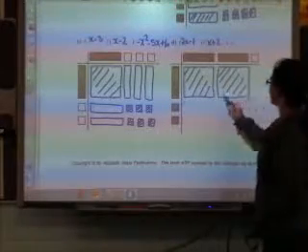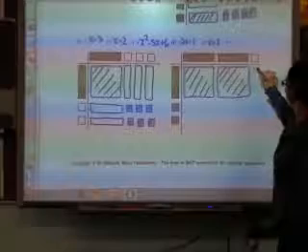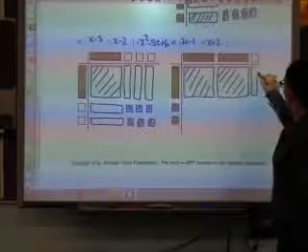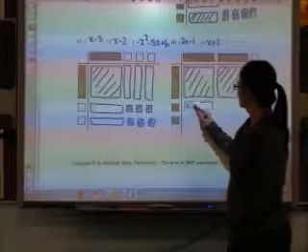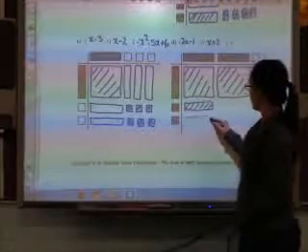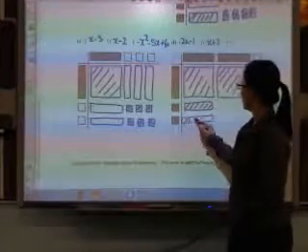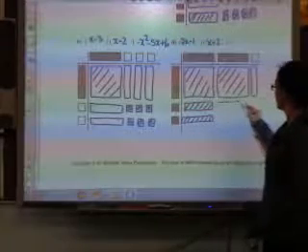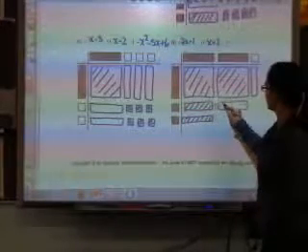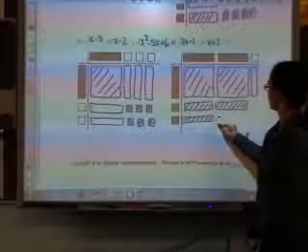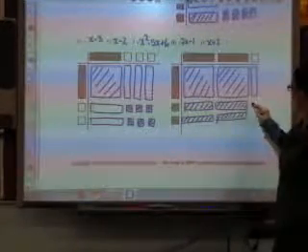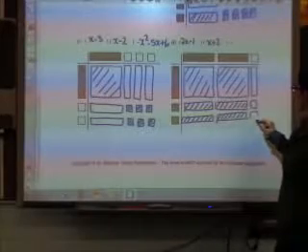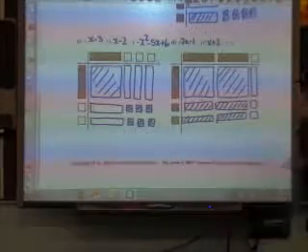An x and a negative 1 will give me a negative rod here, then I get a positive rod going across here, and I will get 4 of them. And then I'm going to get 2 negative 1s because I've got a positive and a negative.